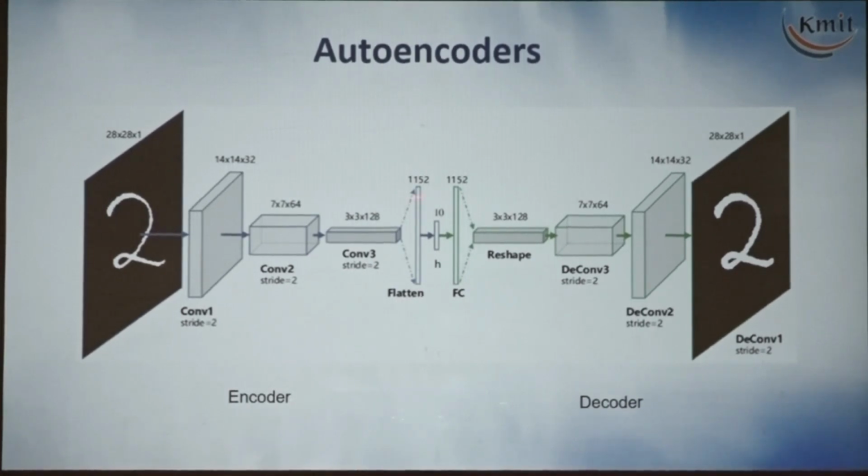What is this? This is called the latent space. In the latent space you will give a small vector. You can give a small vector of size 10, meaning that this entire 28 by 28 image can be represented by these 10 values.